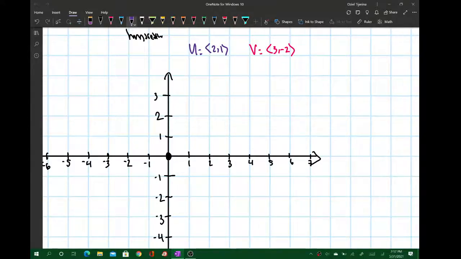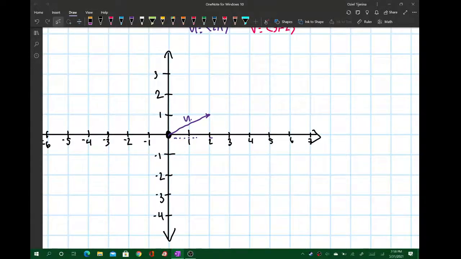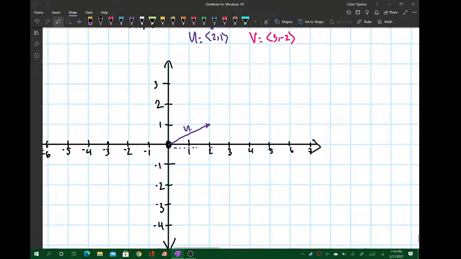So you're going to go to the right 2 and up 1. So this would be vector u, (2, 1). And then vector v, you would go to the right 3 and down 2.